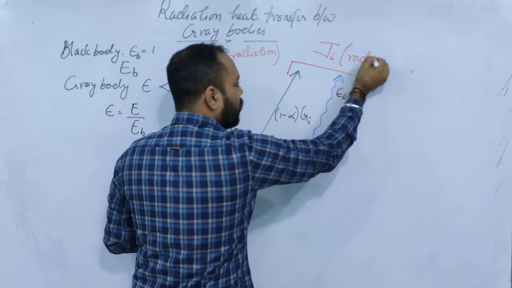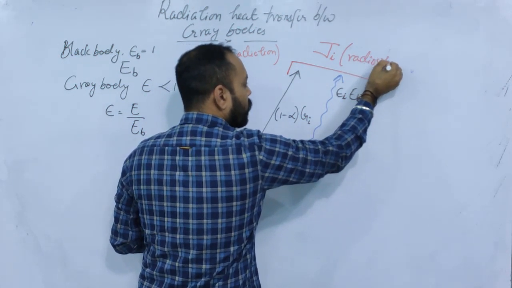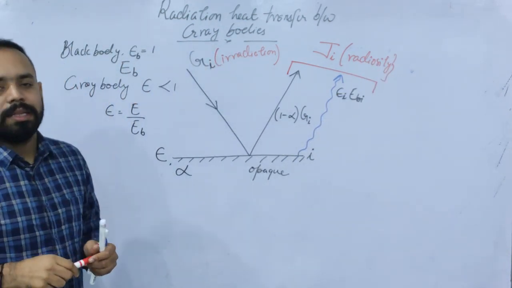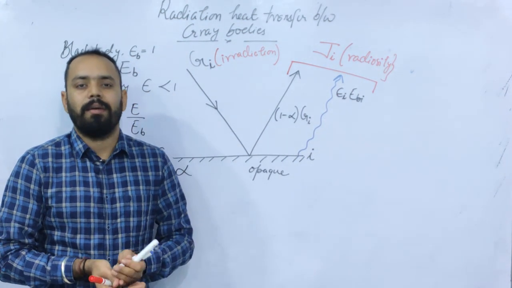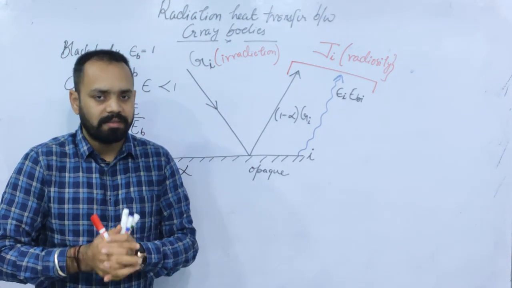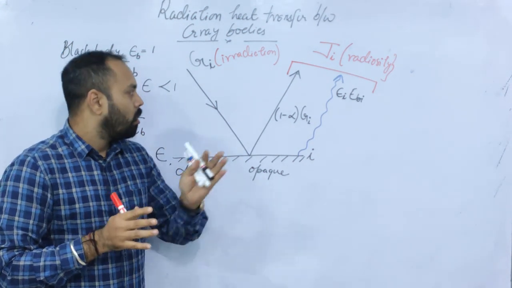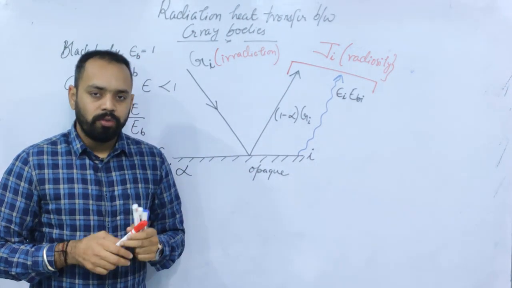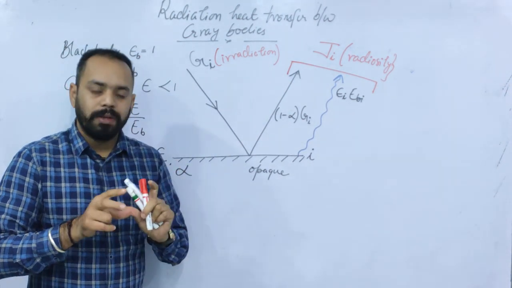It is called radiosity. So this radiosity term or irradiation term, these terms are also used in the GATE examination in mechanical engineering as well as chemical engineering. You should be comfortable with the use of the terms irradiation and radiosity. So these two things must be cleared.